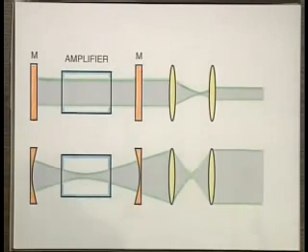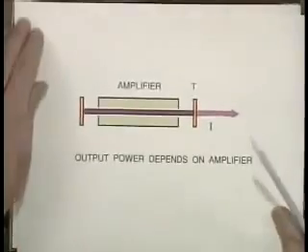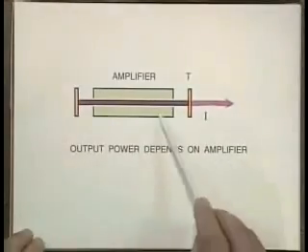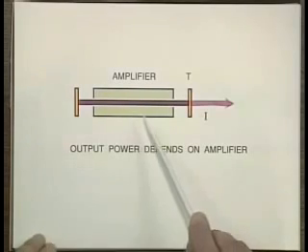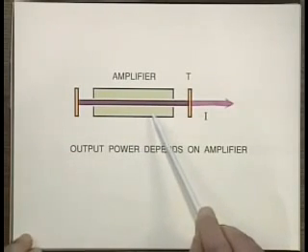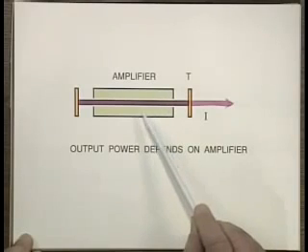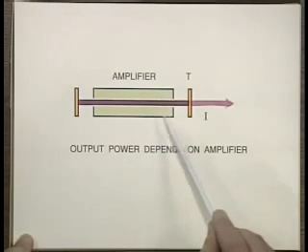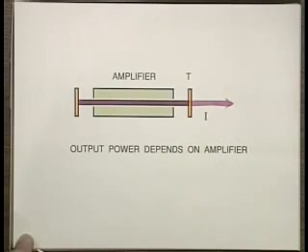Now we want to talk about where high power comes from. Well, the high power comes, obviously, from the amplifier, because it's the amplifier that gives us gain to overcome the losses, and if we have more gain left, then that can be converted to power out.